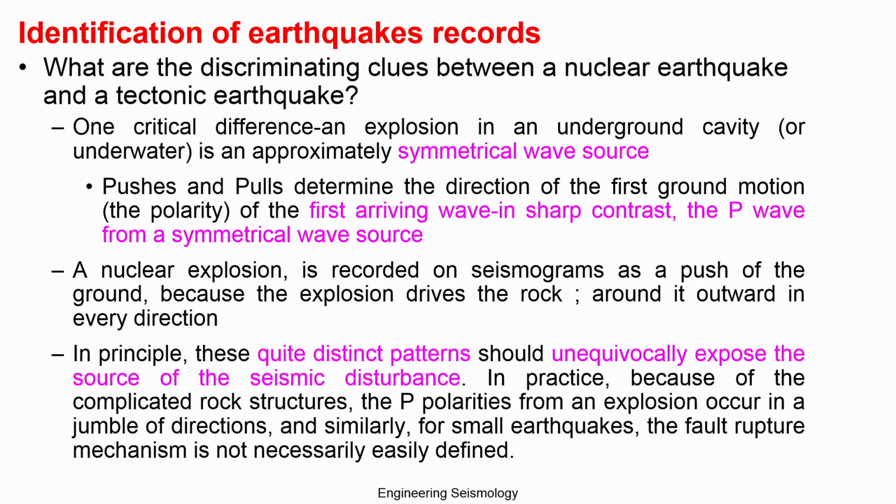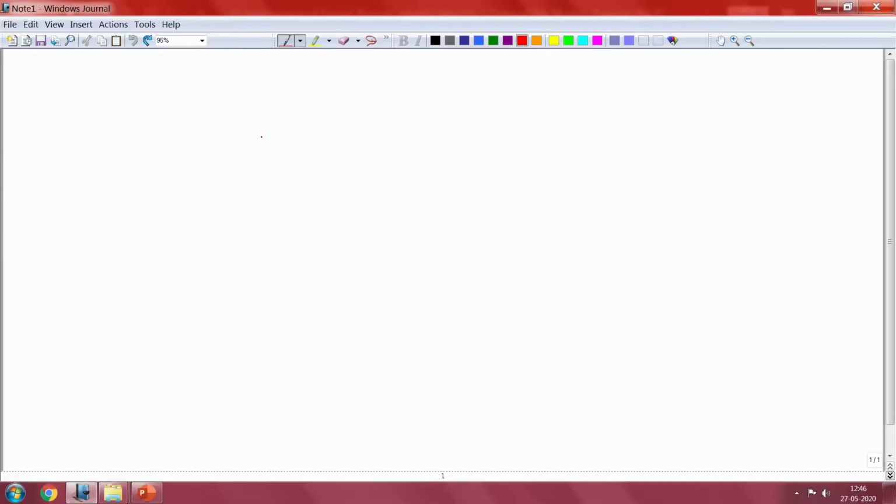So what are the discriminating clues between a nuclear explosion and a tectonic earthquake? One of the critical differences is that an explosion, underground cavity or underwater, produces an approximately symmetrical waveform. Why is it a symmetrical waveform? When any explosion is done below the ground, they drill a hole, and the size depends upon the drilling option. They cannot go for very large drilling.